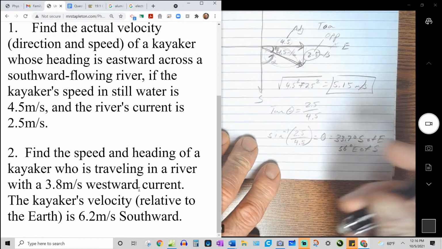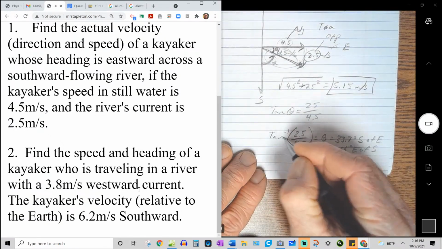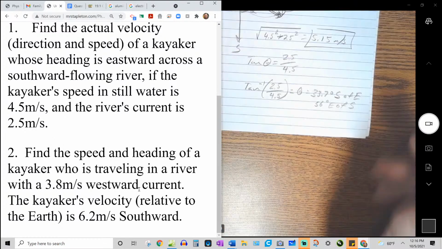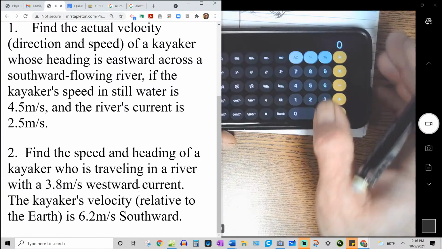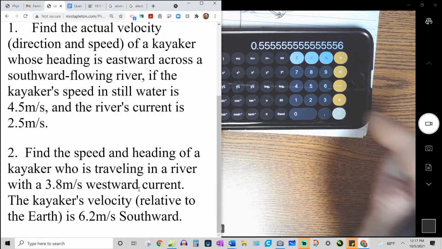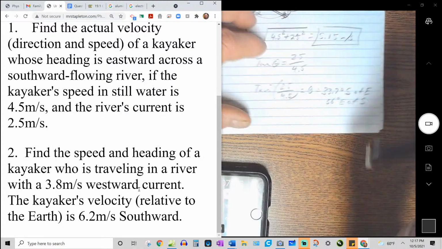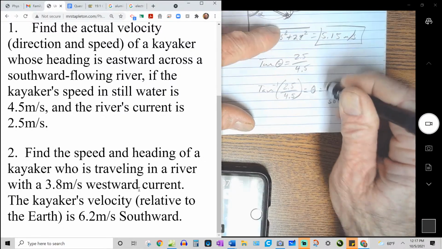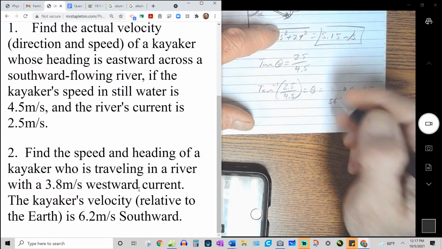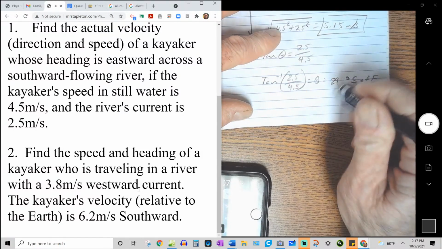So therefore, the inverse tangent, not sine, of 2.5 over 4.5 gives me the answer, 29 degrees south of east.